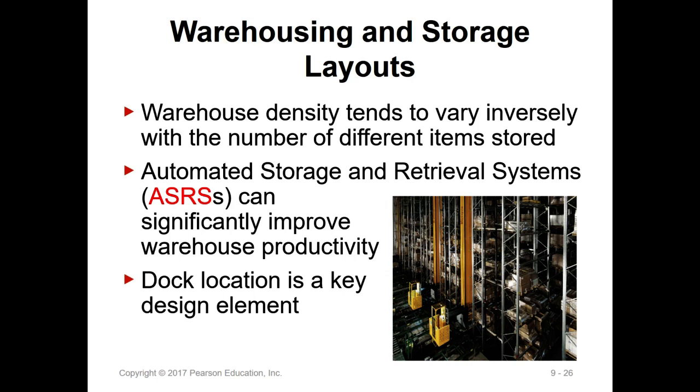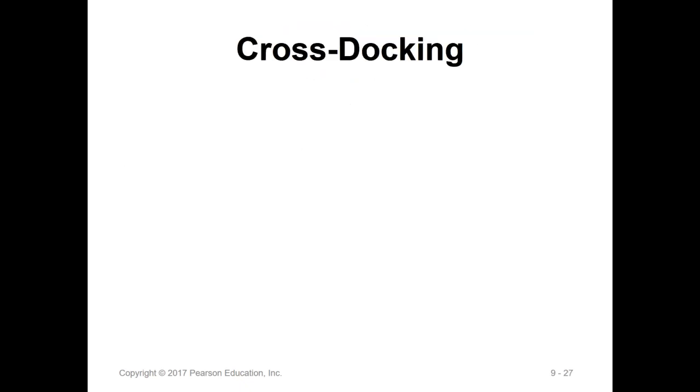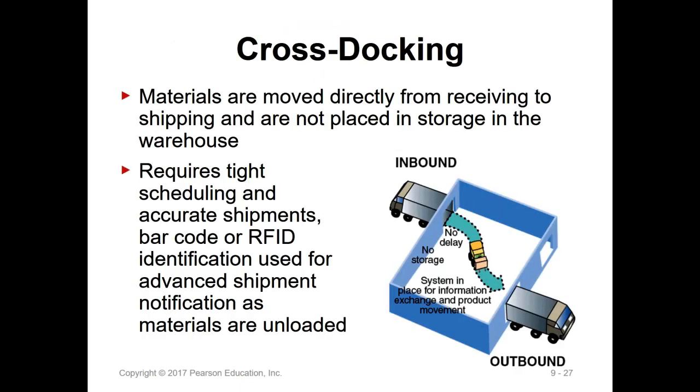So where you put your dock, and how do you receive the incoming material? How do you ship it out? What is the meaning of cross-docking? Cross-docking says it's better not to make any storage in the distribution center at all. Ideally, if we can receive the incoming material and directly send it out, that means you have a very minimum storage time.